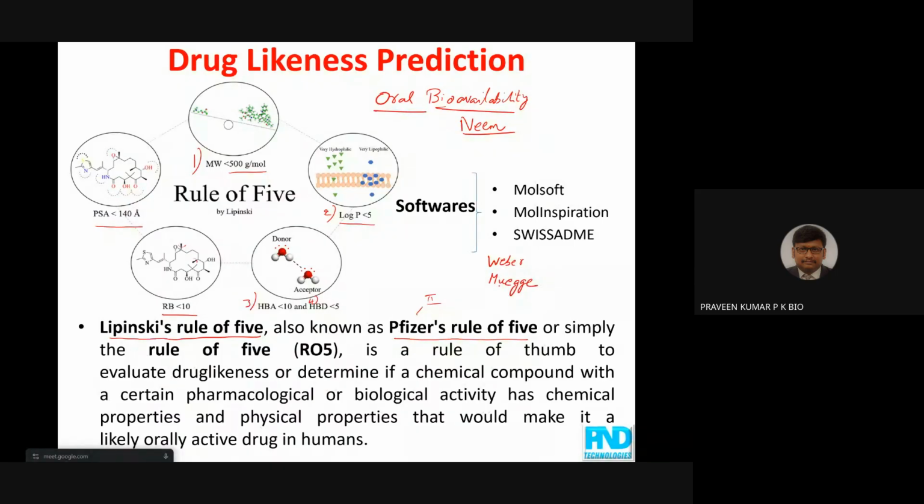In each and every drug likeness filter, we have a different range, and even different physicochemical properties of the compound. Whatever the range values and whatever the properties are fixed in a drug likeness filter, this can be used to assess the oral bioavailability as well as to verify whether the compound behaves like a drug or not. Drug, what do you mean by drug?